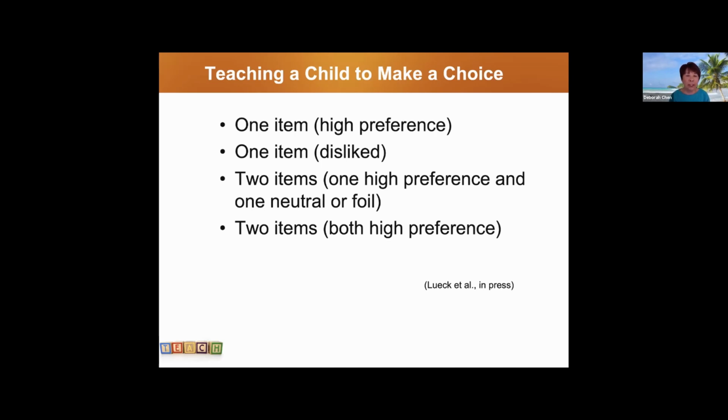Or we can offer something the child dislikes, and the child rejects it, turns away. Then we can offer 2 items, something the child prefers and a neutral preference, or a foil, something the child dislikes, and see how the child responds before we go on to items of equal preference or high preference.